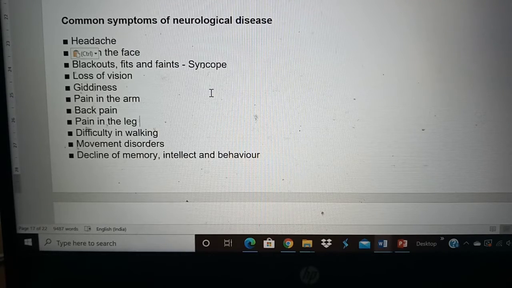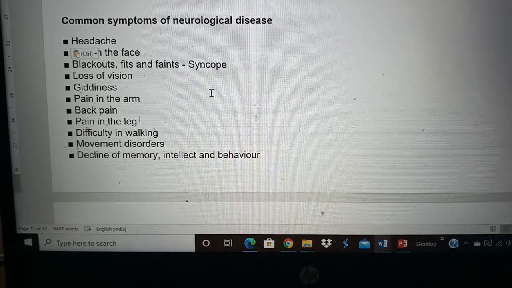Then difficulty in walking can be because of complete paralysis of muscles, or it can be because of paresis. Paresis means partial paralysis or partial loss of muscle power. Then you also get movement disorders. We already studied the cerebellar control of the human body.